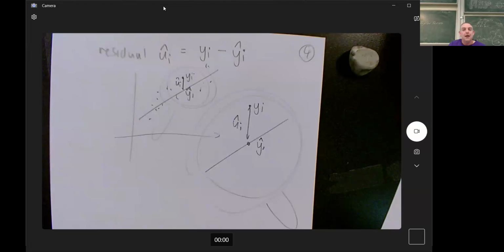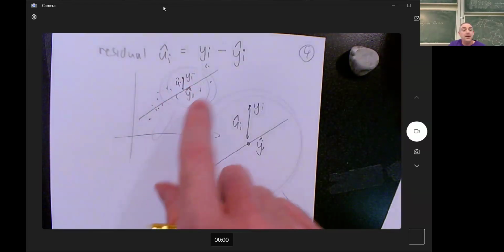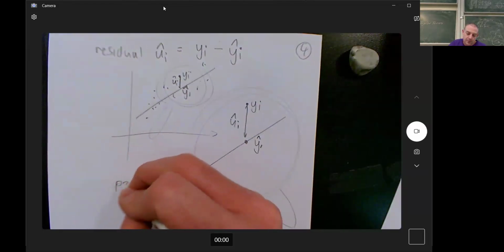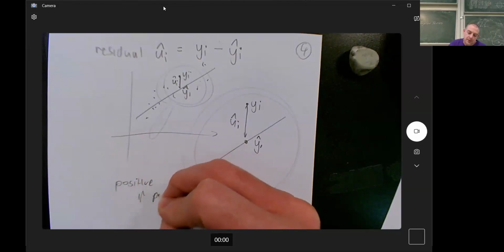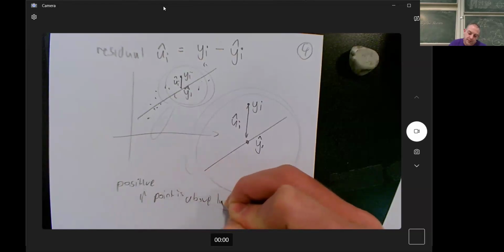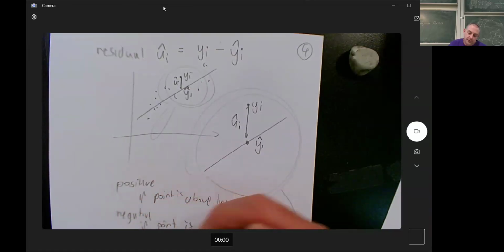Okay. And if the point is below the line, then this will be a negative number. So it's positive if the point is above the line, and negative if the point is below the line.